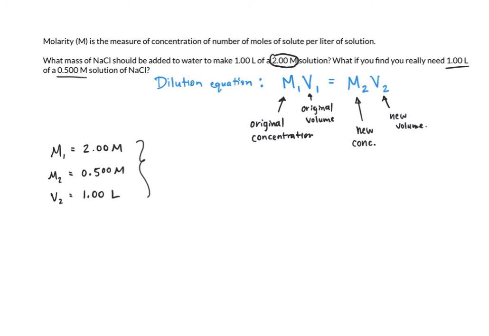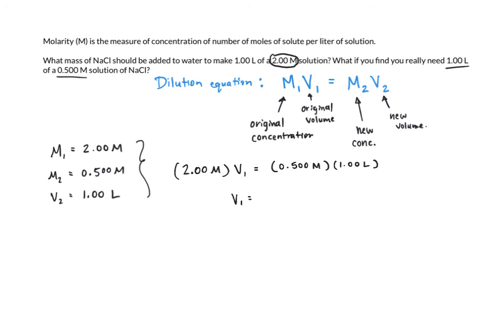What volume, V1, of my original solution will I have to separate out and move to a new vessel and dilute in order to make this new concentration? We can apply the dilution equation to figure that out. Our original concentration times our original substance's volume, or aliquot, that we're pulling, is equal to our new concentration, the thing that we're targeting, times the volume that we'd like for that new concentration.